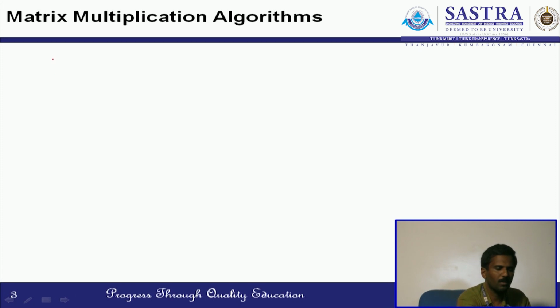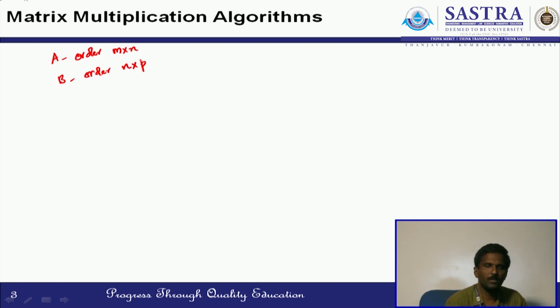Suppose capital A is a matrix of order m by n, and capital B is a matrix of order n by p. That is, the first matrix has m rows and n columns.